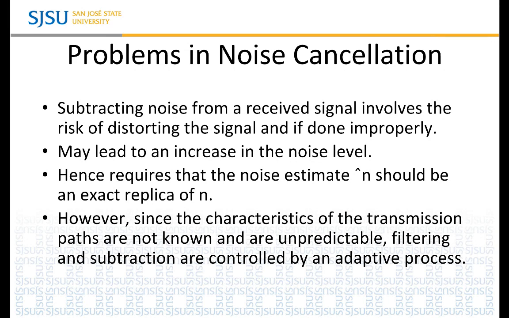So you can totally lose your original signal. So it is very precisely needed that you calculate the noise, exactly the replica of the noise. Hence, the algorithm should be such that it gets the actual accurate noise so that you can get the real signal.